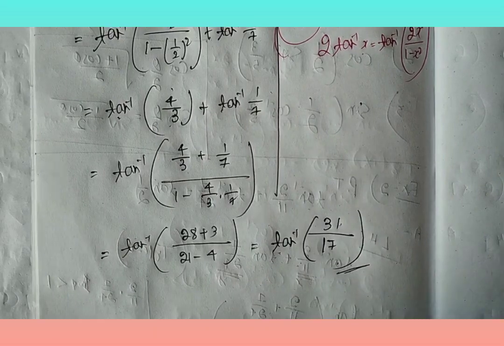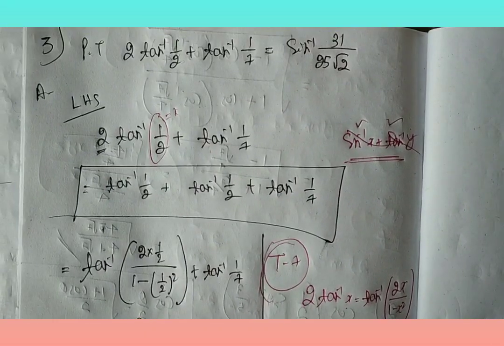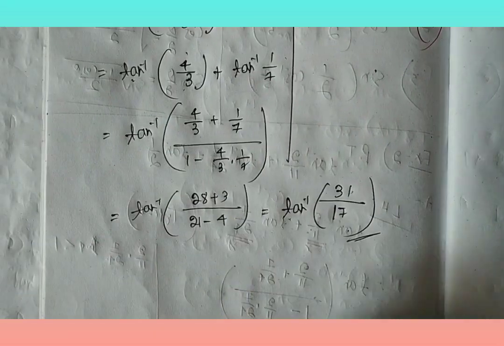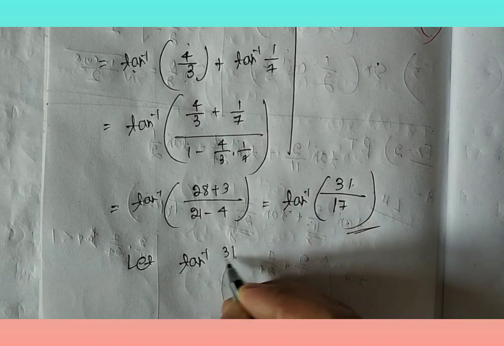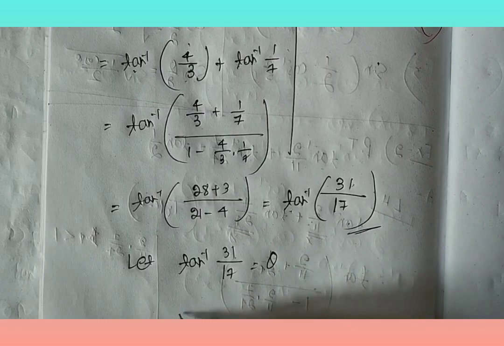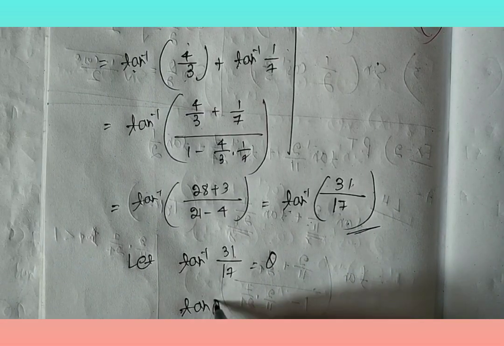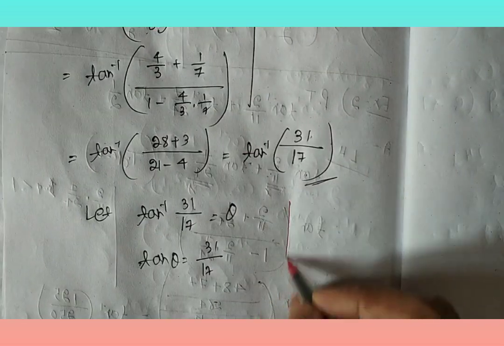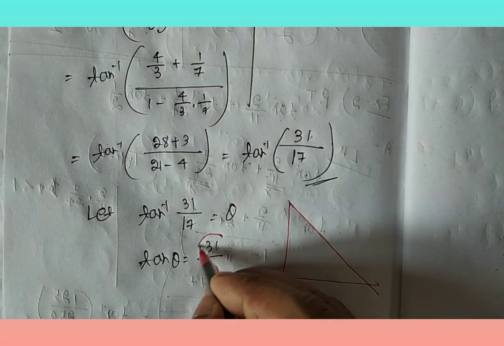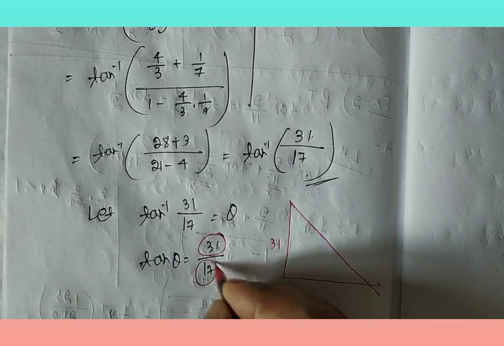Now we have to convert this tan into sin inverse. Let tan inverse 31 by 17 equal theta. Tan theta equal to 31 by 17. Now make a right angle triangle. This is perpendicular. This is base.